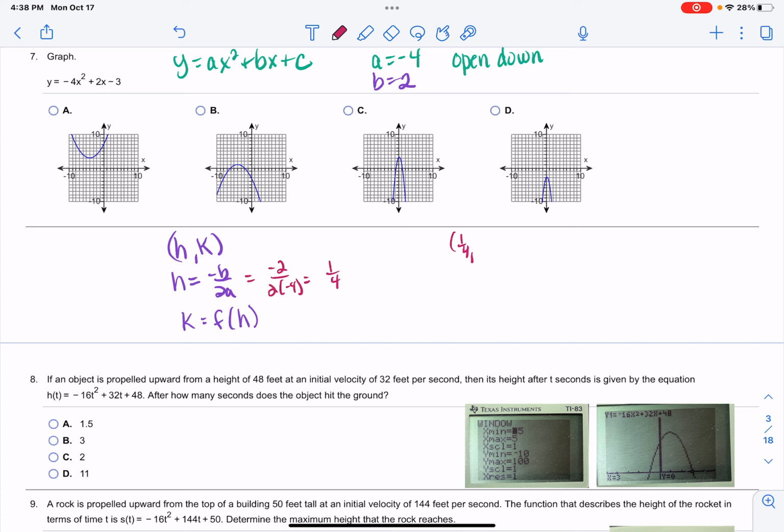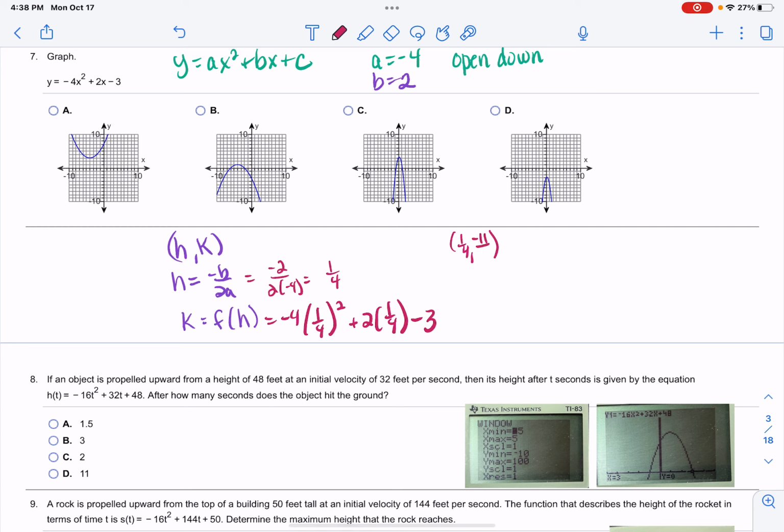To get the other coordinate of the vertex, we need to plug in 1/4 for x. So that's going to be negative 4 times 1/4 squared plus 2 times 1/4 minus 3. Now when you simplify that, you can always use a calculator there.